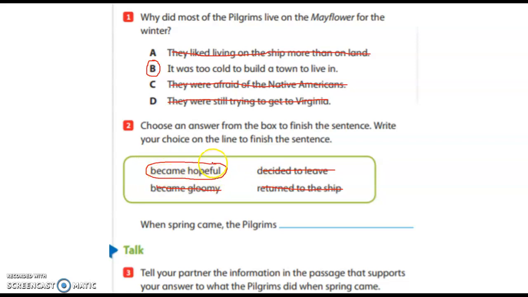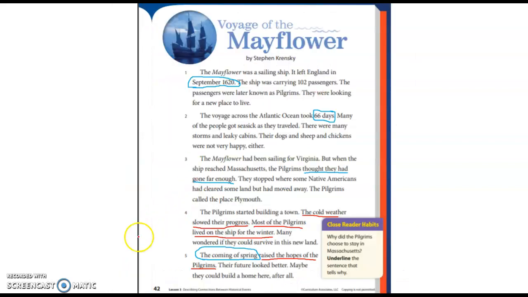And that's exactly what our text evidence said that we underlined. So tell your partner the information in the passage that supports your answer to what the Pilgrims did when spring came. We've already underlined that text evidence. The coming of spring raised the hopes of the Pilgrims.